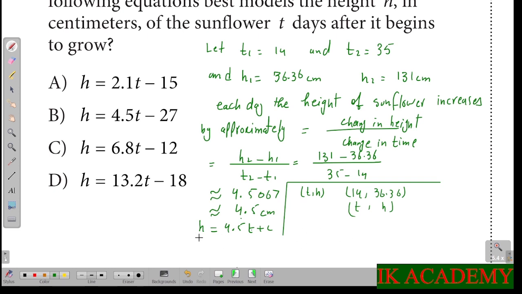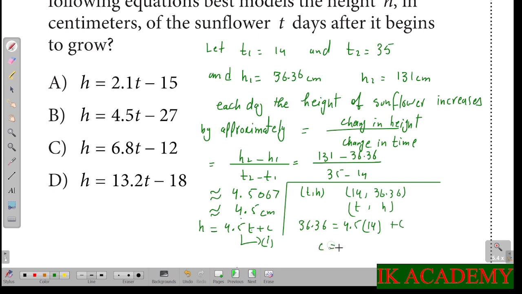So I'm going to put t is equal to 14 and h is equal to 36.6 in the equation number 1, which is 36.36 is equal to 4.5, and I'm going to substitute 14 instead of t plus c.